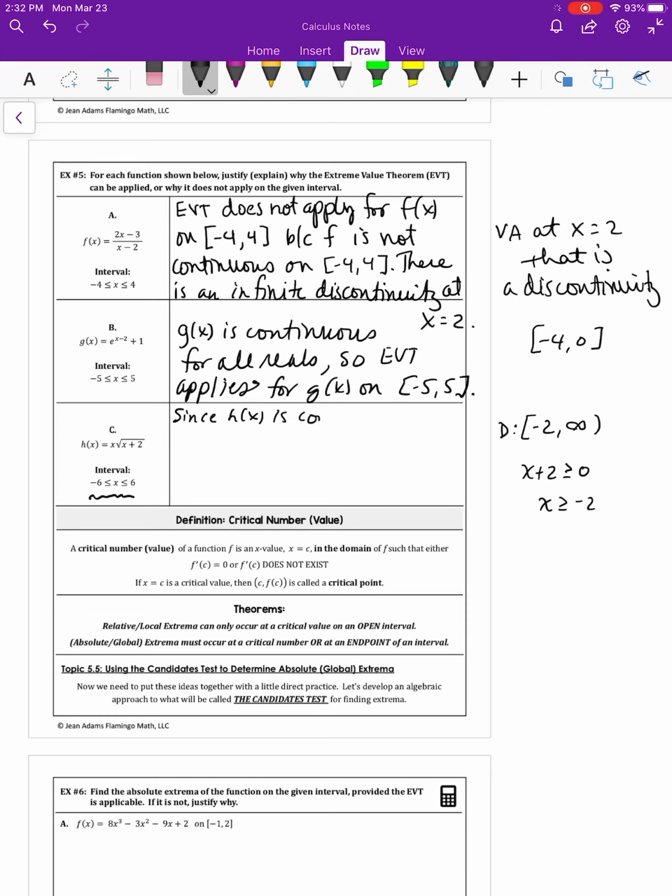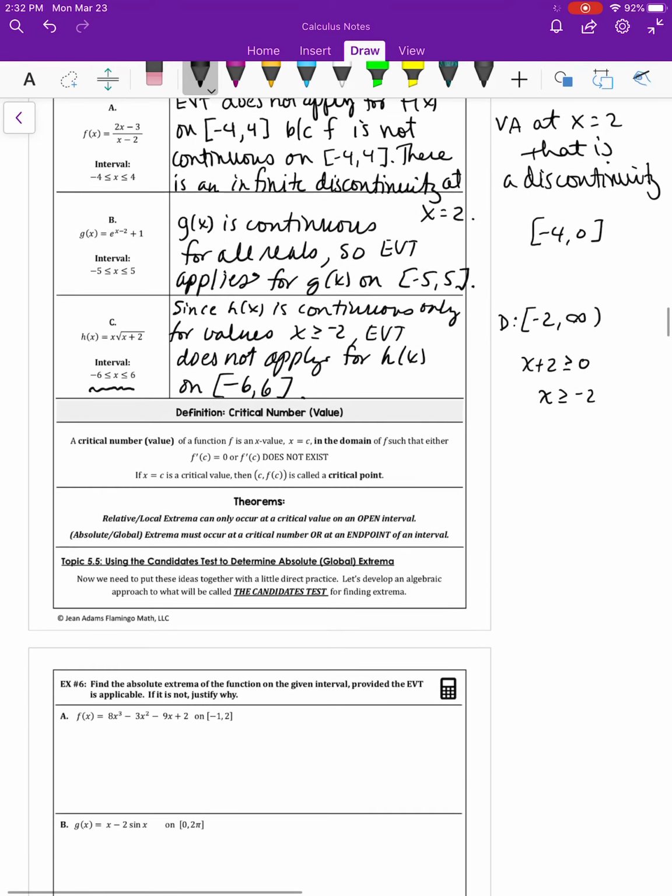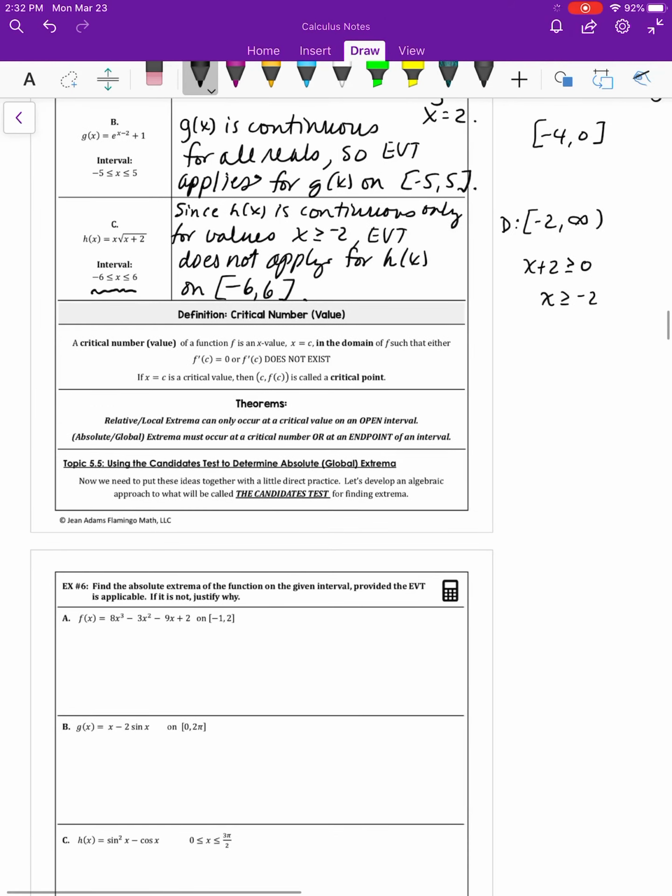So we say that since h of x is continuous only for values x greater than or equal to negative 2, the extreme value theorem does not apply for h of x on the interval from negative 6 to 6. Okay?